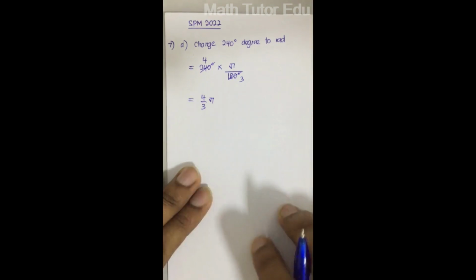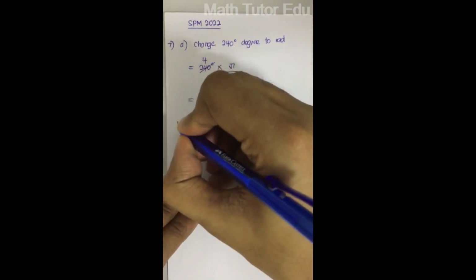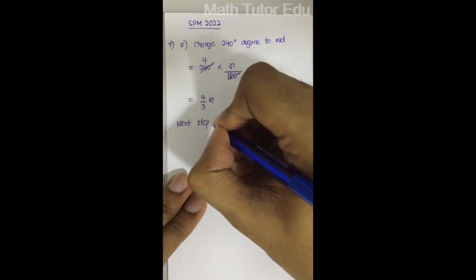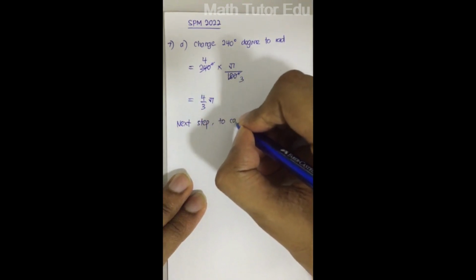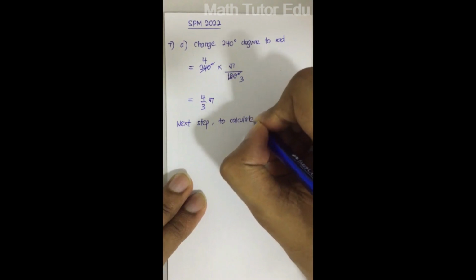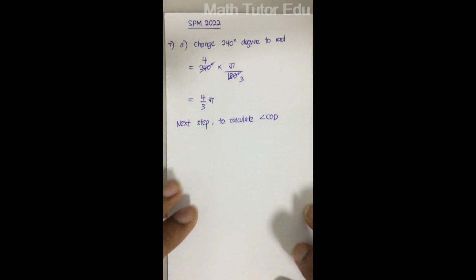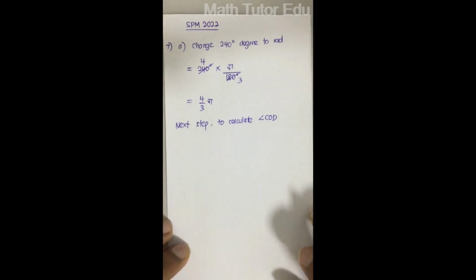Once you already get the major angle, now it will be easy for us to calculate the angle COD. Remember guys, total internal angle of a circle is 360 degree, which is also equivalent to 2 pi radian.